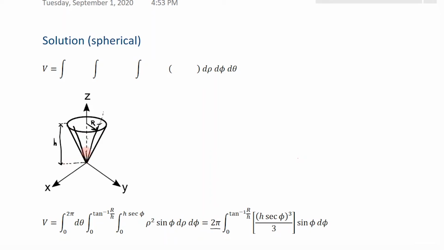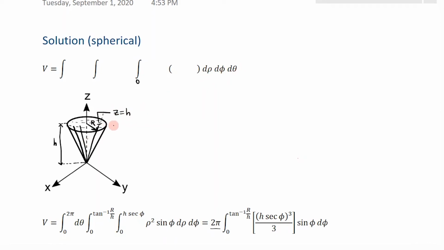So we need to just figure out where this stops and where it begins. Well, it begins at rho equals 0. That one's easy. And we need to figure out where it stops. So this one, in Cartesian coordinates, it's z equals h. But that's not in terms of rho, phi, and theta yet.